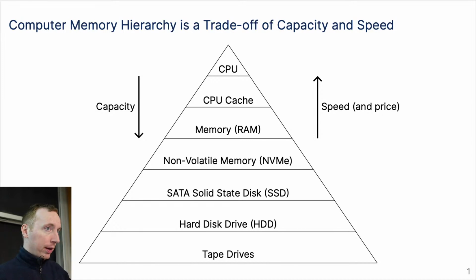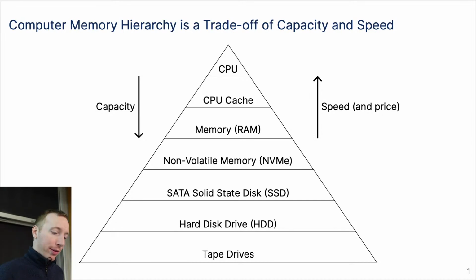And at the top, your registers are the fastest. That's where all the operations take place, but there's only a limited number of them. They're not very big. Then below that, you have your CPU cache, which is a bit bigger, like it's in the megabyte range now. It's like the 32 megabytes are the big ones. Then after that, you have memory or RAM that is 32 gigabytes or something on that order and fairly fast.